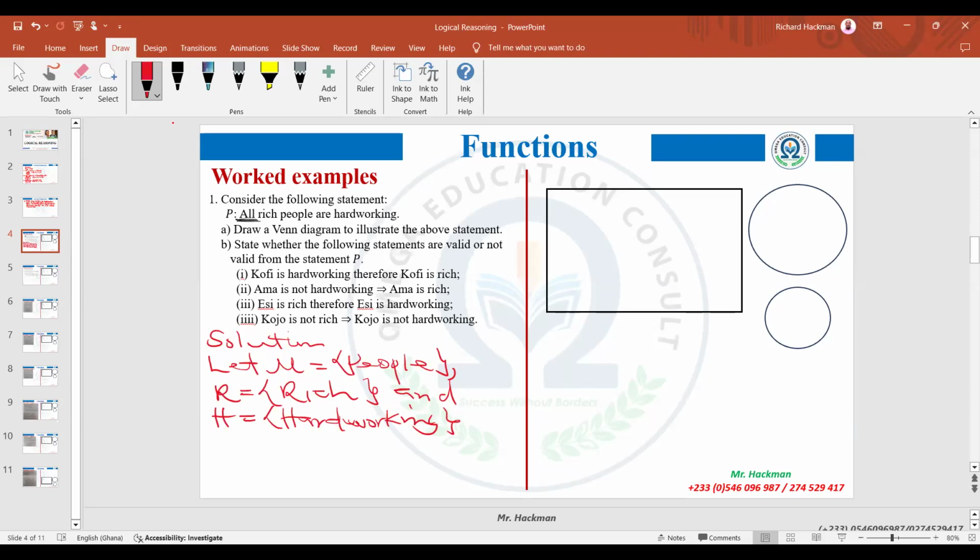So in this case, I am going to write, I can see Kofi there, so small k is equal to Kofi. Then what else? I have small a, which will be for Amma.